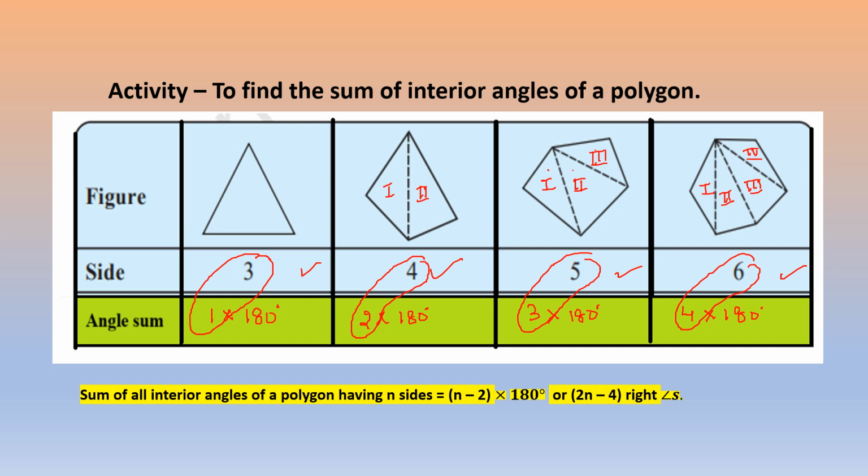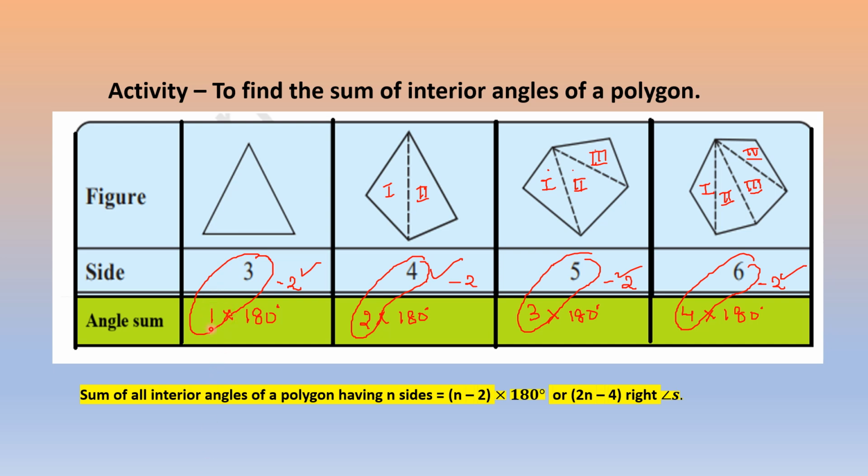So if you see here, from 3, if you subtract 2, you will get 1. From 4, if you subtract 2, you will get 2. From 5, if you subtract 2, you will get 3. And from 6, if you subtract 2, you are going to get 4. So can I write this as n minus 2?